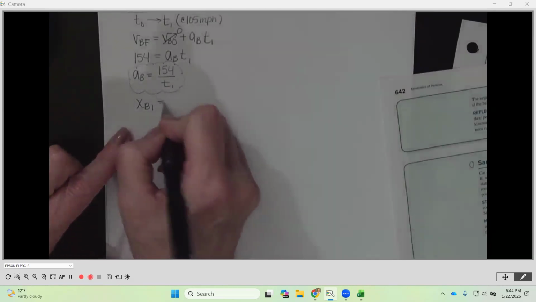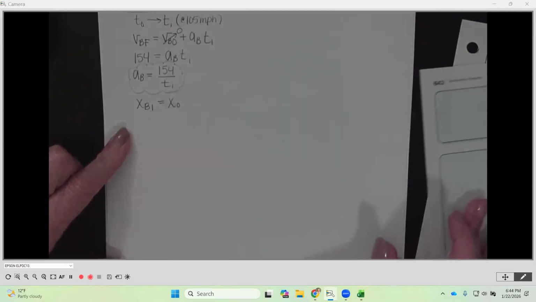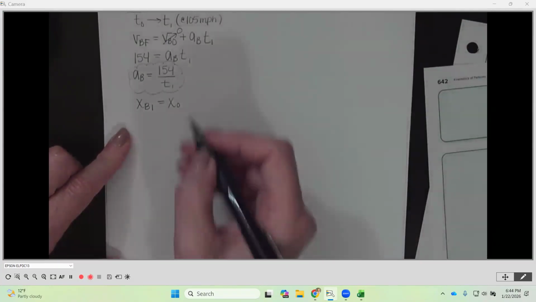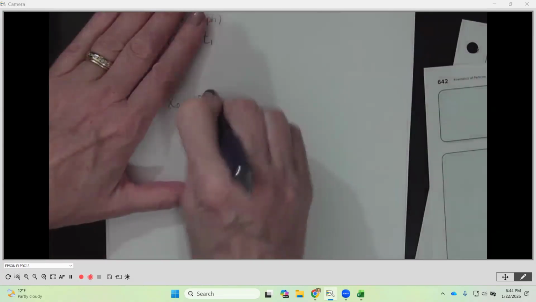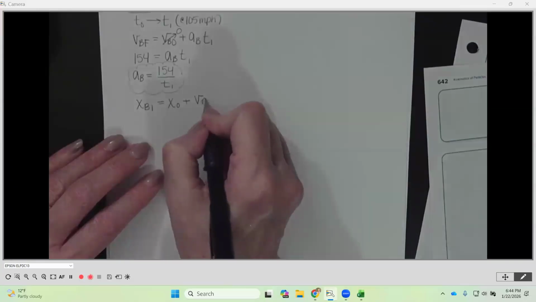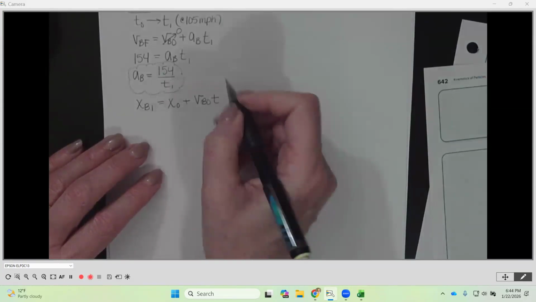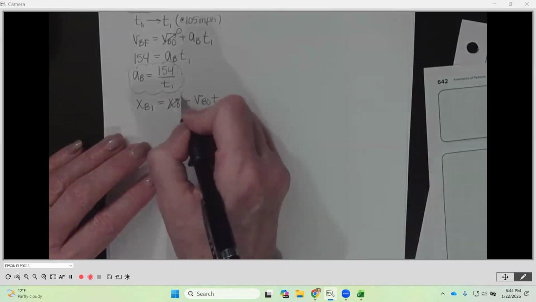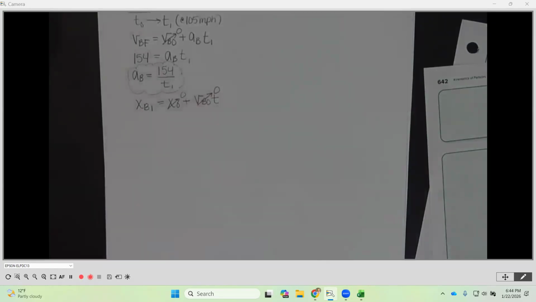So XB1 is going to be equal to its distance offset from the origin, which is going to be 0, plus the initial velocity, which was from rest, that's going to be 0, times the time. So this is going to be 0 because we're starting from rest and we're starting where the problem is starting.